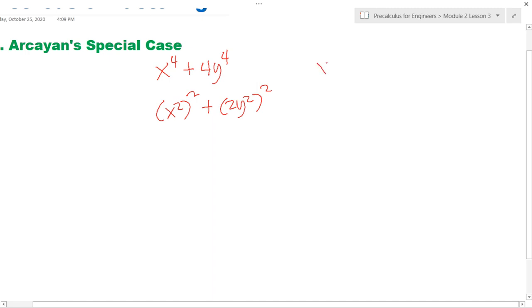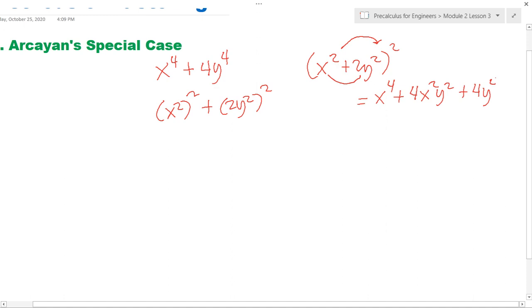I have a perfect square, x squared plus 2y squared. When I square this one, this would be equal to x to the fourth plus, i-multiply natin, 2y squared times x squared. This is 2x squared y squared times 2 is 4x squared y squared. Then, square the last term. So, this is equal to 4y to the fourth.